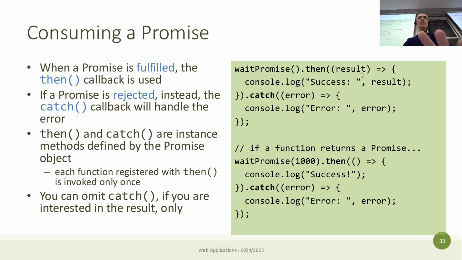So let's try to start with a simpler example where you just have one .then, okay? So wait promise, that is the previous function, okay? And of course here you don't pass anything, that will be undefined, and we need to check what the code does for undefined. But let's say, wait promise 1000 means 1 second, .then, and a callback that just prints success, okay?